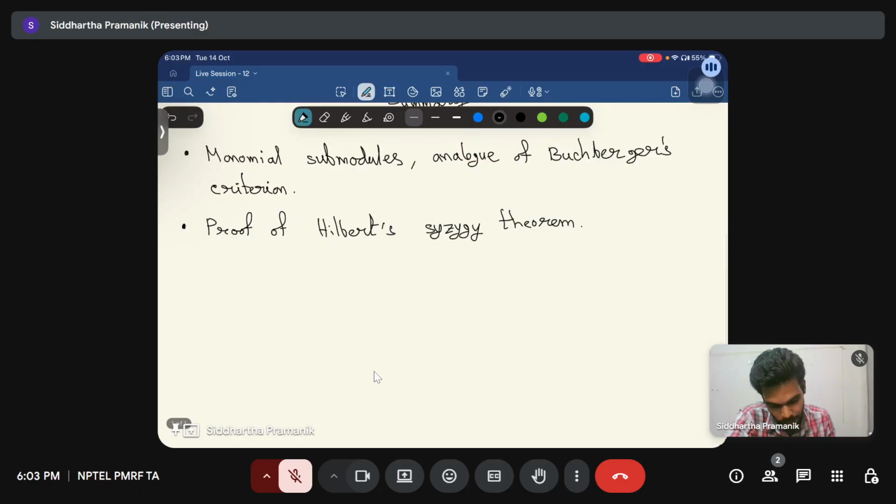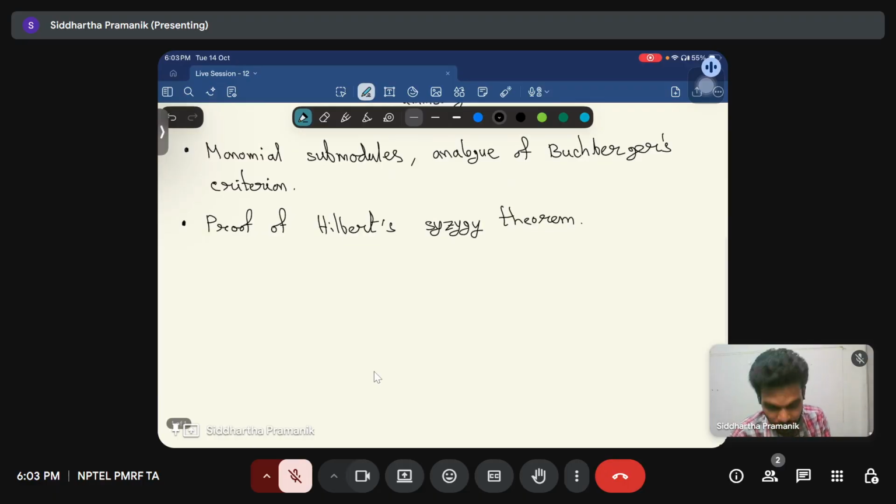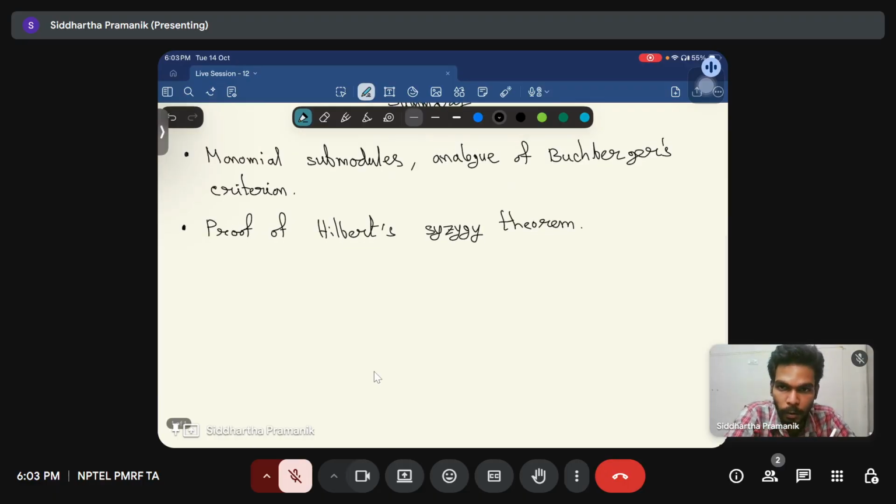And for one part of the Hilbert-Syzygy theorem, we need Koszul complexes. For those, we need some definitions from homological algebra.